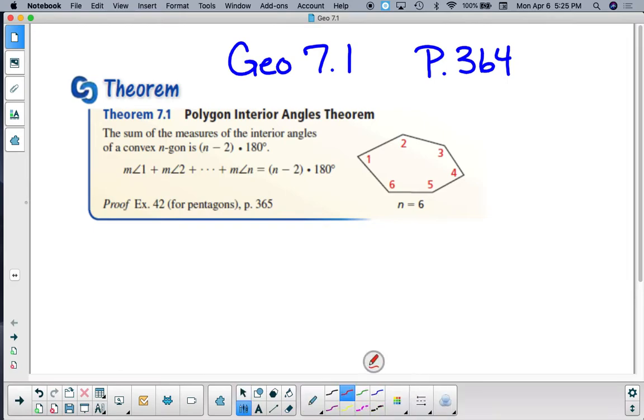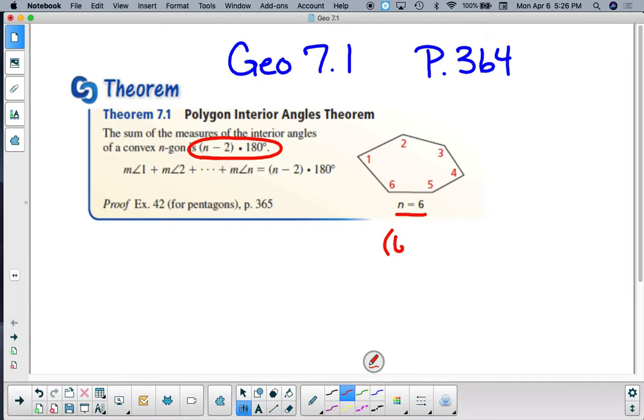The first theorem is the polygon interior angle theorem. It says the sum of the measures of the interior angles of a convex polygon, or n-gon, is n minus 2 times 180. We're going to be using that formula a lot, and n is the number of sides. For this example, this is a 6-sided figure.